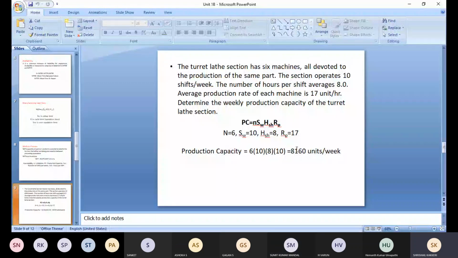Here the quantity will be maximum. The limitation is that it is not possible to change over to different types of production. The advantage is that we can take maximum quantity. In flexible automation, as the name indicates, it is flexible in nature.